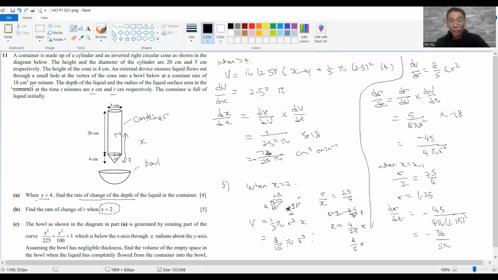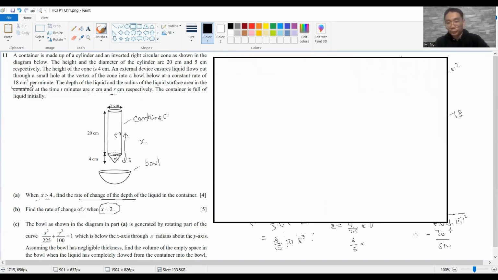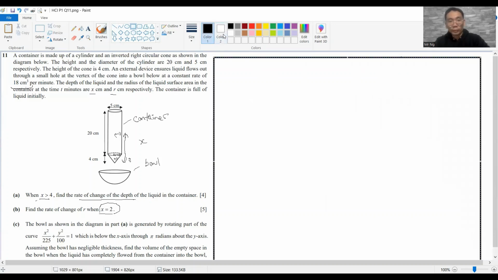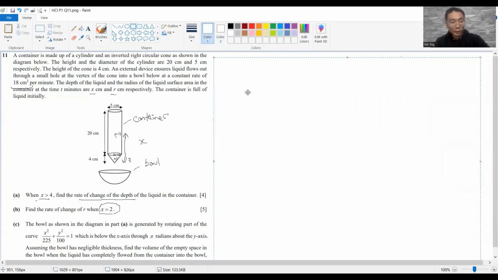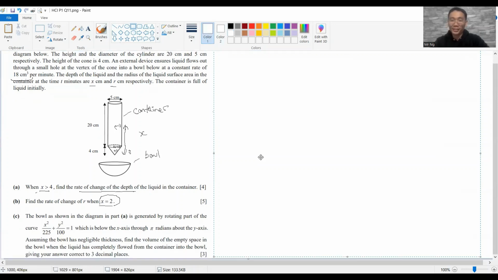Okay, then moving on to part C. I'm gonna clear this. Part C, what is part C? Hopefully I don't need the information from previous.